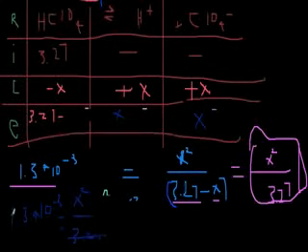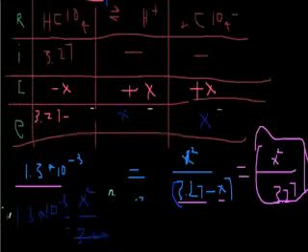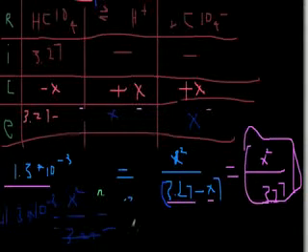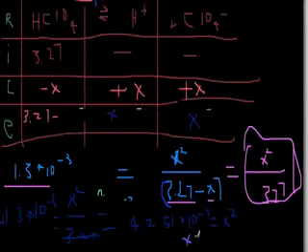Multiply both sides by 3.27, and you get 4.251 times 10 to the negative 3 equals x squared. Now, take the square root of that, and you get x equals 0.0651.